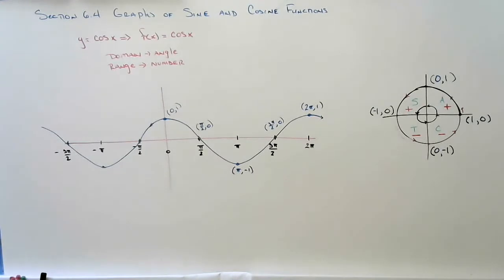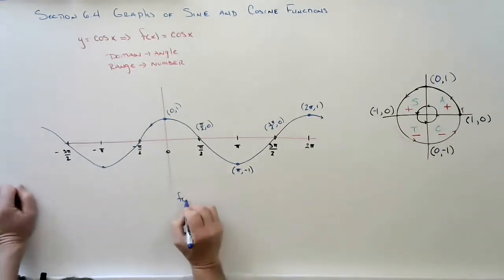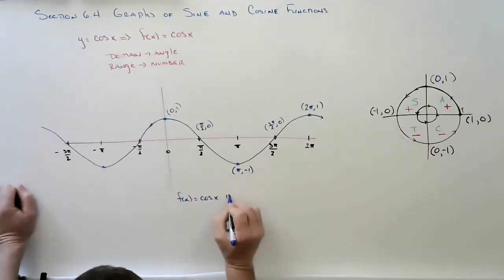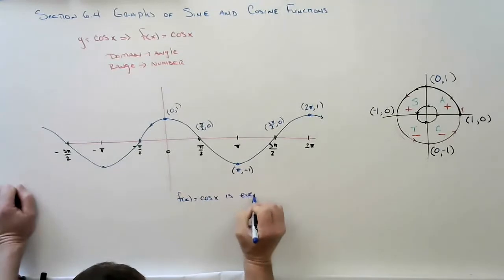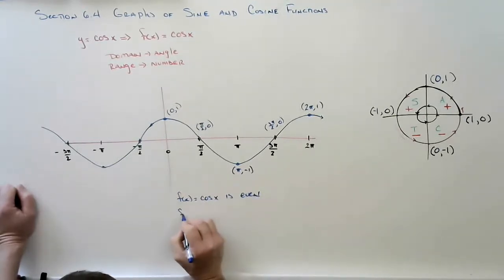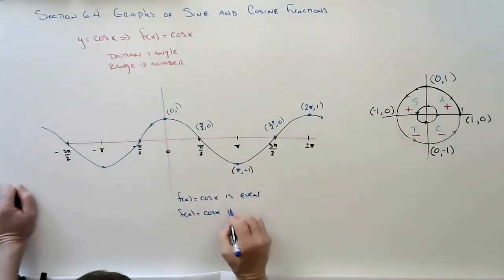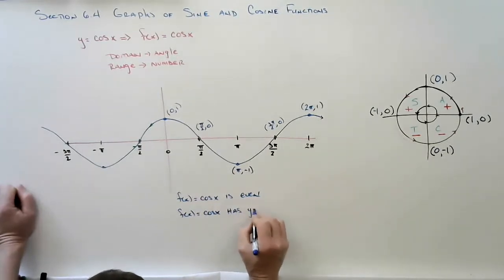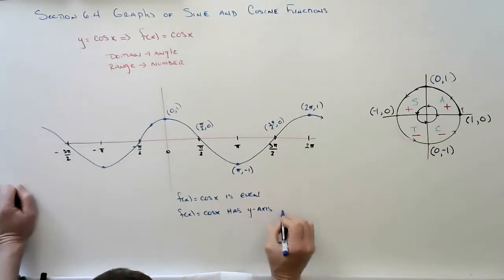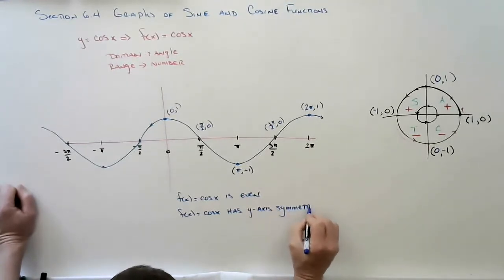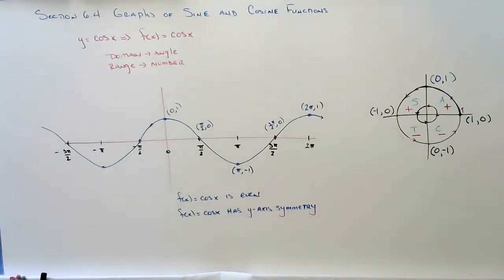Now, if we take a look at this, we see that f of x equals cosine x is even, meaning f of x equals cosine x has y-axis symmetry.